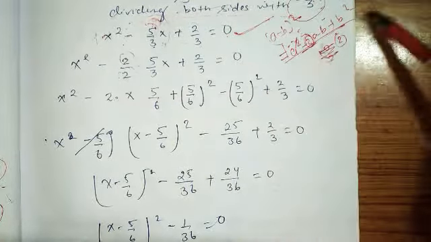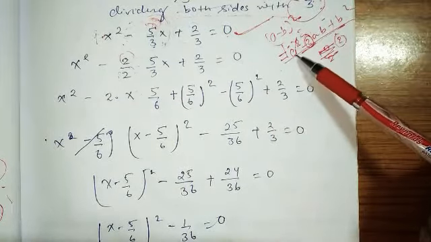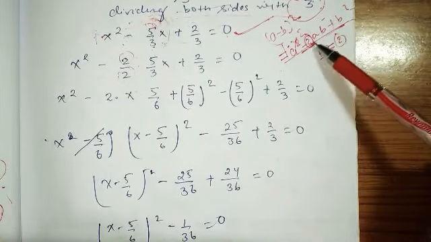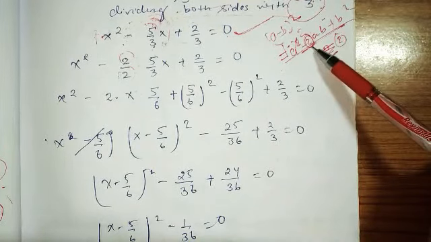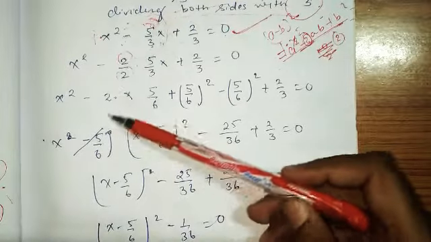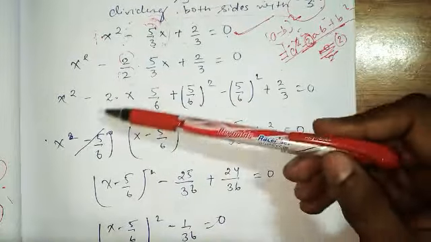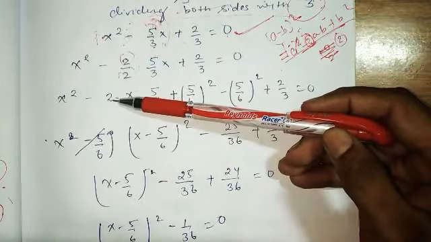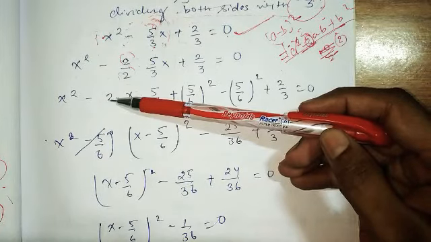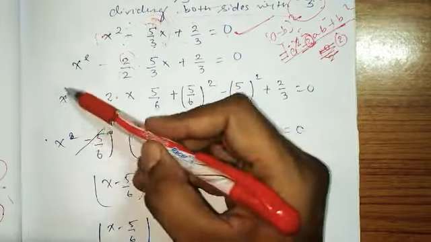See, we have to make this formula now. This is x square minus 2ab. Because 2 is very important for us, this 2 will be clearly and separately visible to us. So this is 2, okay, and the a is always x. So this is a square.